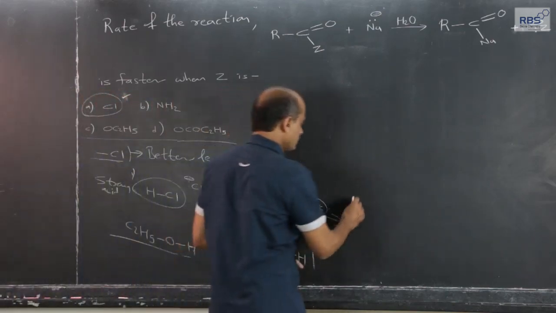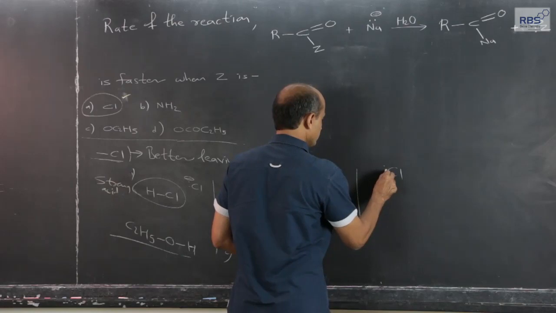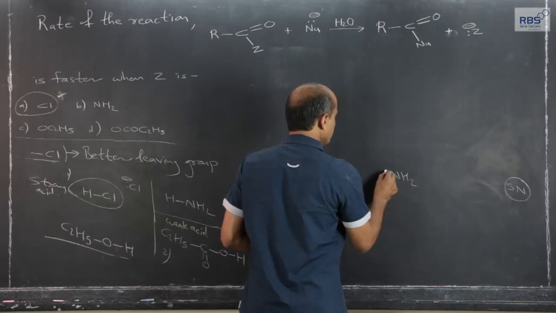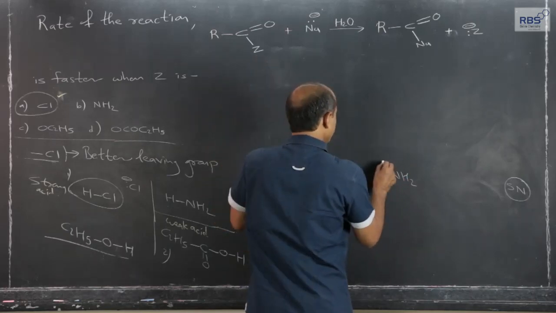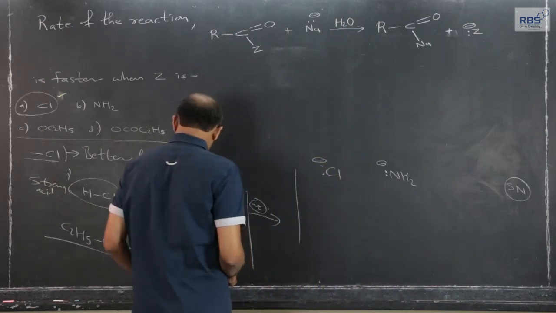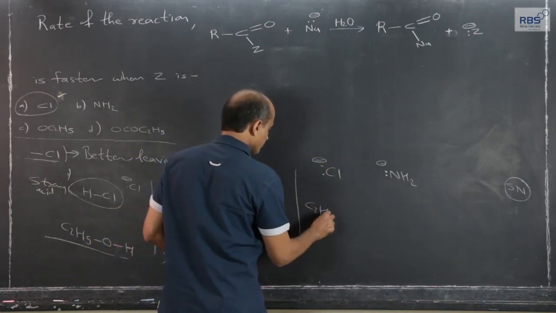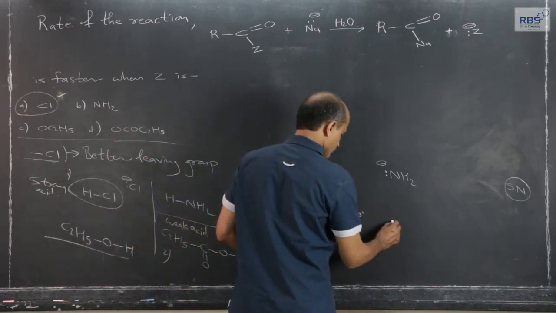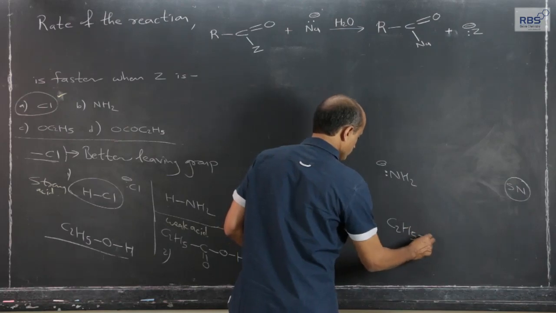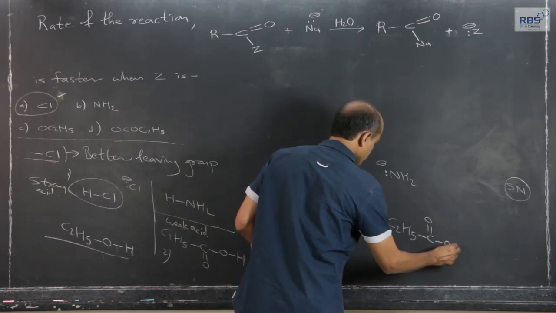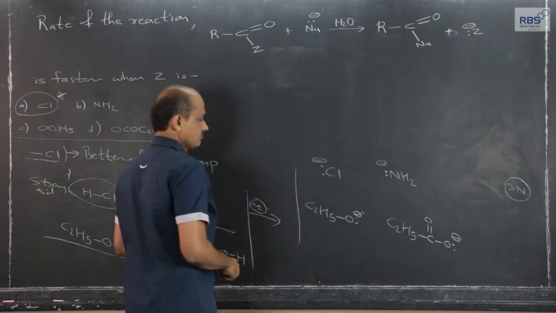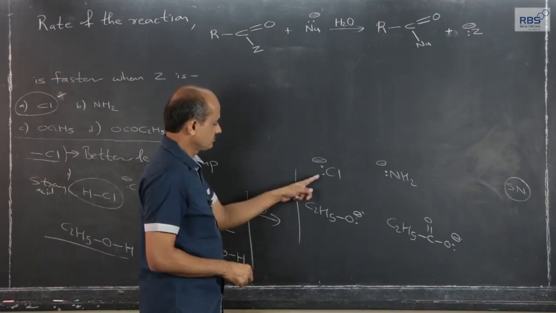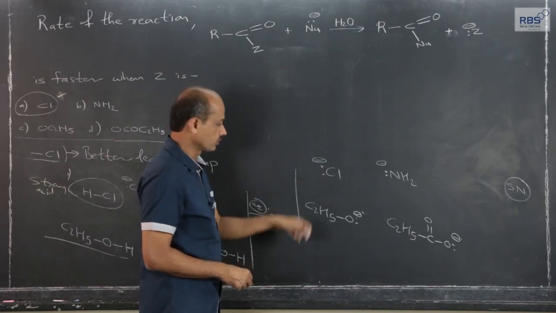And so, if we think in a reverse manner, Cl minus ion, NH2 minus ion, leaving groups, when they leave, or alkoxide ion, ethoxide ion, specific case, and this propionate written in the short form there. This has less affinity for proton.